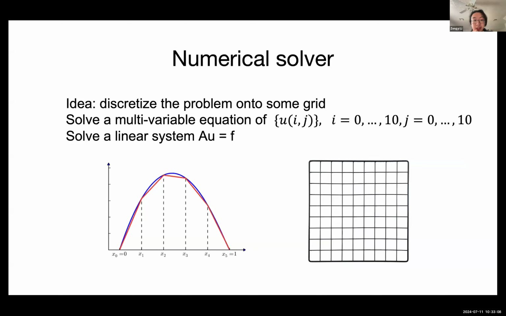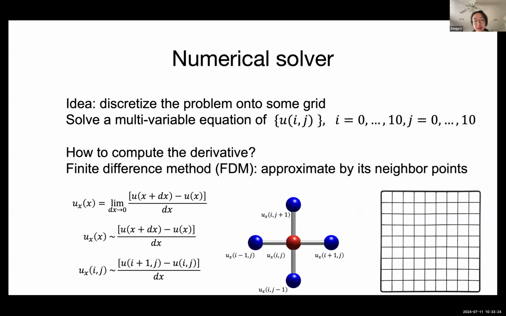Existing solvers, such as finite difference, finite element, and finite volume, usually require first discretizing the space into a finite space, then solving a linear system or using other numerical methods. For example, the most elementary finite difference method approximates the gradient on a grid, and then we solve a linear system.